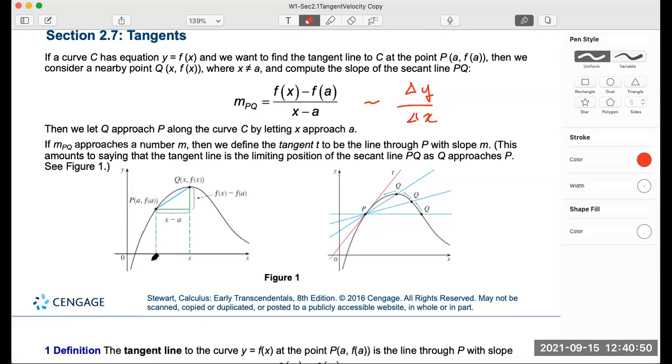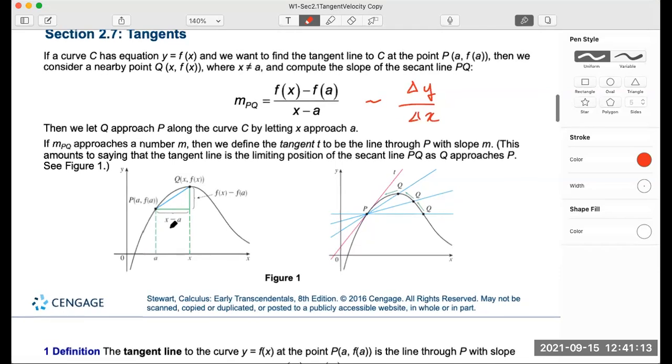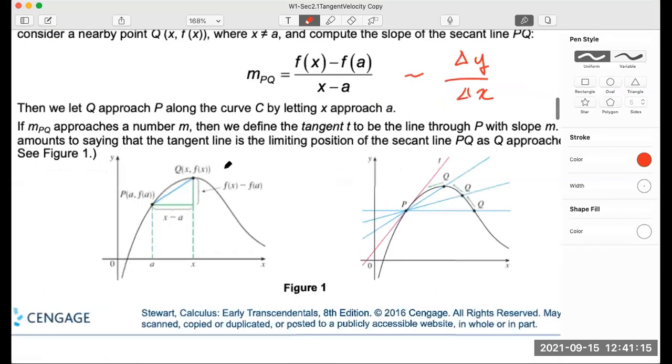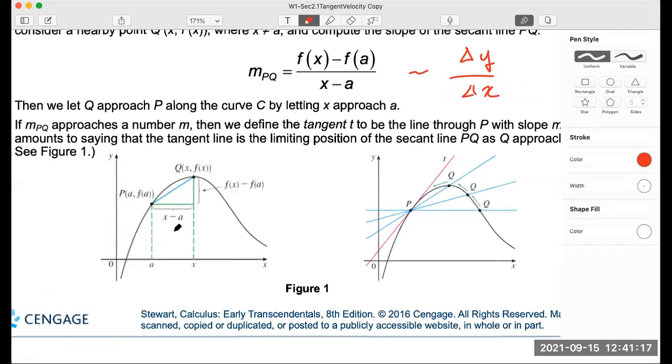And in this case, if we're given a is this point, then P would be this point, and Q, suppose it is in this point. And in general, the function f of x is this curve here, for example. Then the slope of PQ will be f of x minus f of a over x minus a in the left figure.